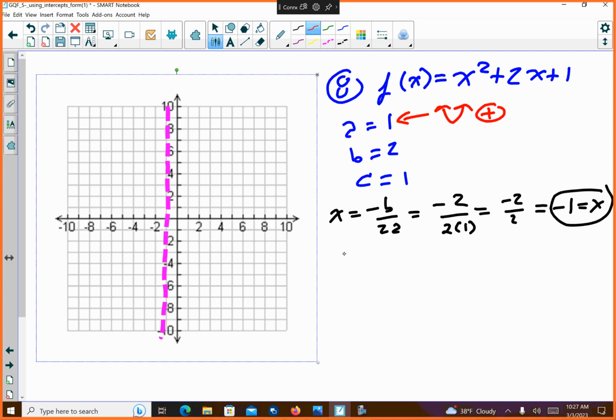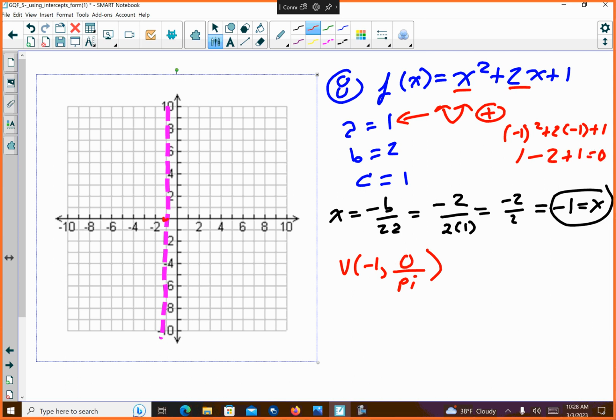All right. So my vertex is going to be negative 1 comma something. I'm going to plug in here and here. So I get negative 1 squared plus 2 times negative 1 plus 1. Negative 1 times negative 1 is 1, minus 2 plus 1. I believe that gives me 0.